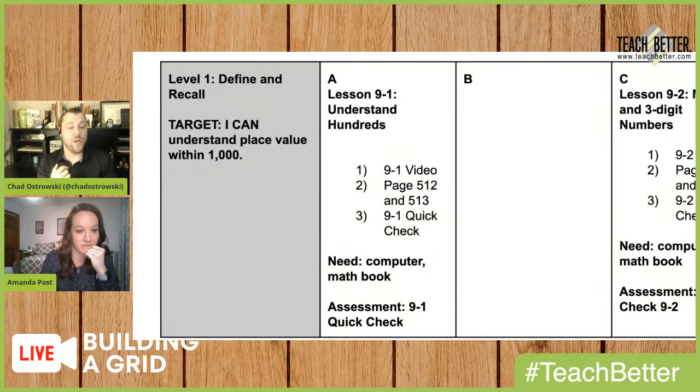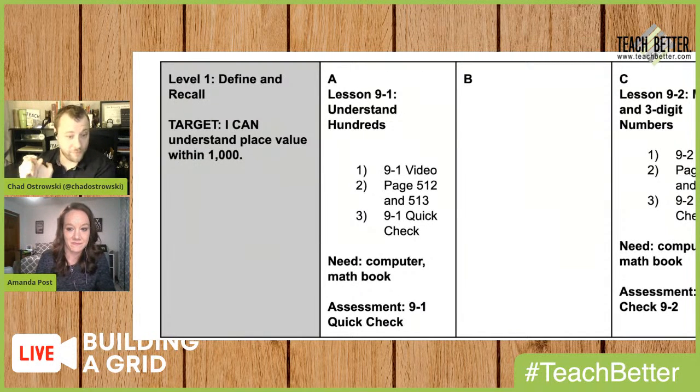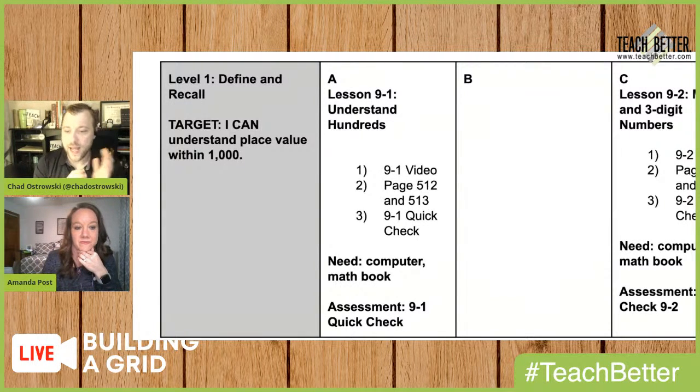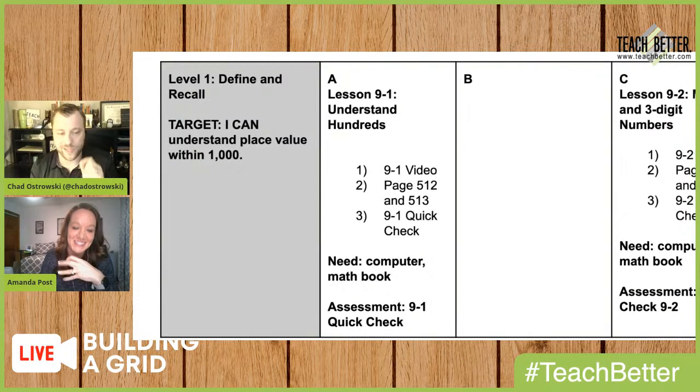So for me, do we want them to just identify place value? Do we want them to identify numbers within a 4-digit value? So should we add another target? I'd like to hear where your mind's at with this, or if you're happy with it, we can keep it. But what is a measurable statement we can put with the target?